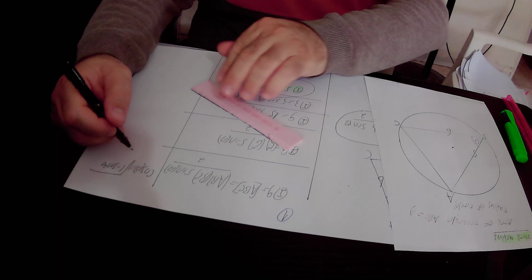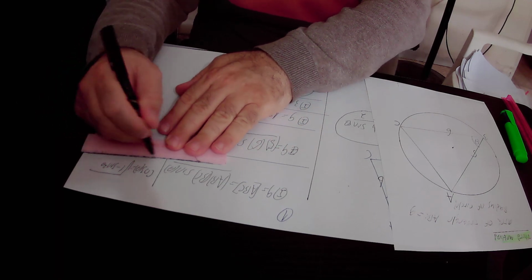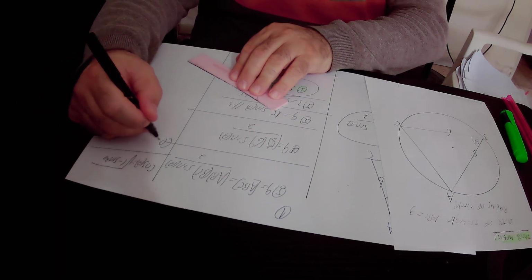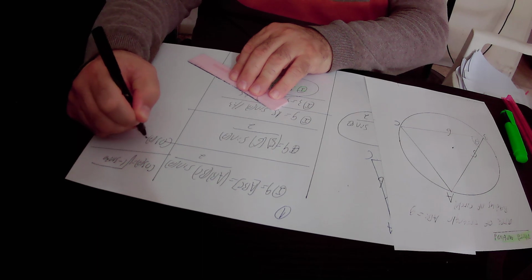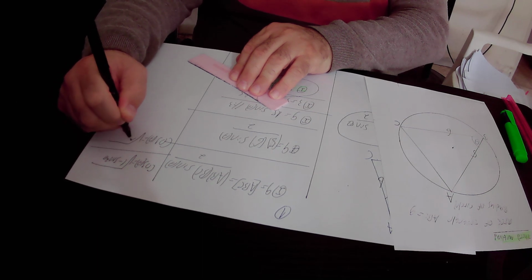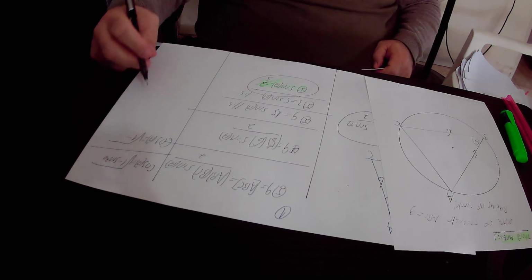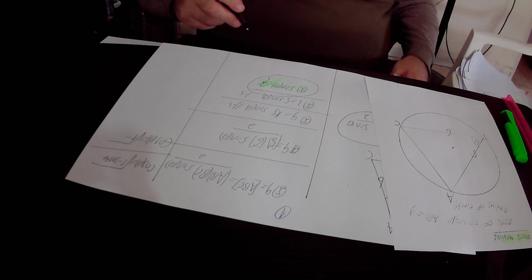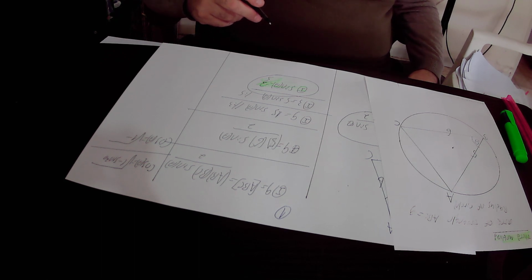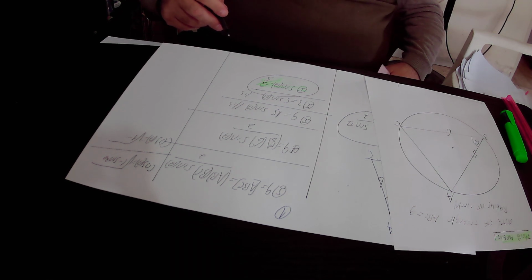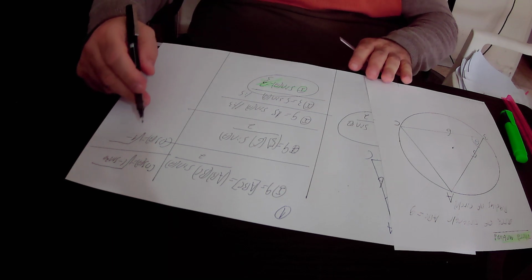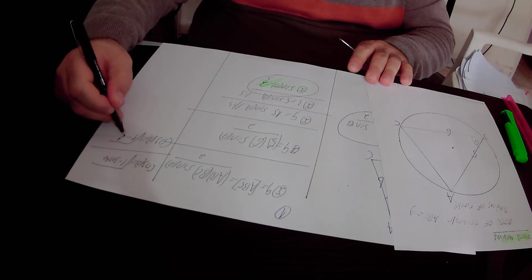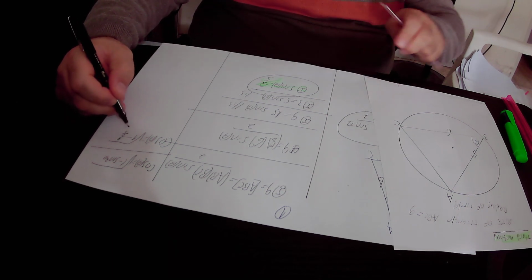So here, cosine theta equals the square root of 1 minus, we already found out that sine theta equals 3/5. So if sine theta equals 3/5, it means that sine squared theta will equal (3/5) squared. (3/5) squared is 3 squared, that is 9, over 5 squared, that is 25.